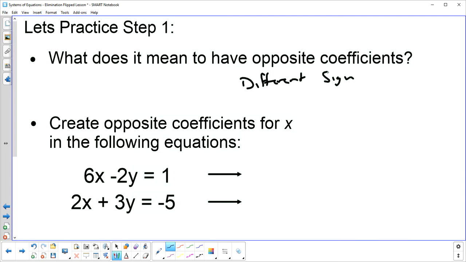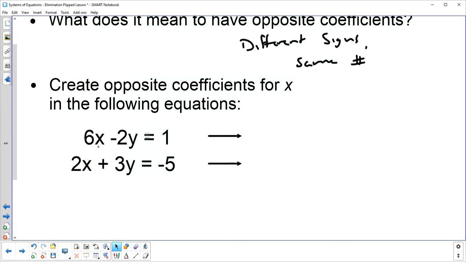Okay, so the hardest part, opposite coefficients, means they have different signs but the same number. So here, if we want opposite coefficients for our x, one way to make it easy is to always multiply both equations by some number. I take my coefficient of x in the second one and multiply the first equation by that, and multiply the second one by the opposite of my coefficient of x in the first equation.